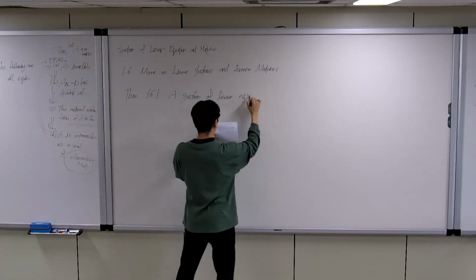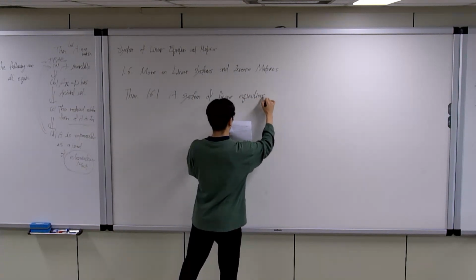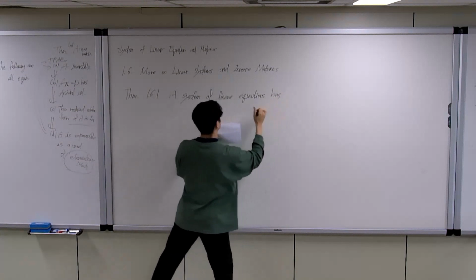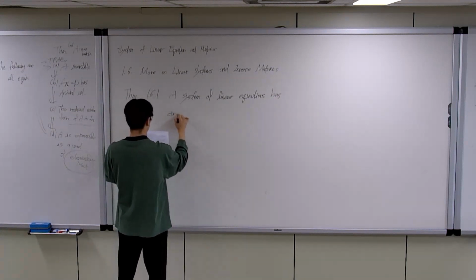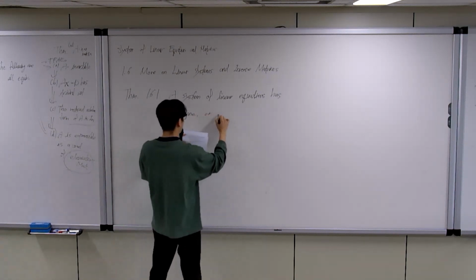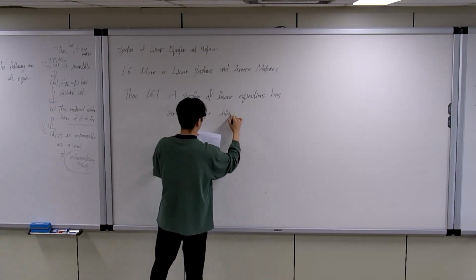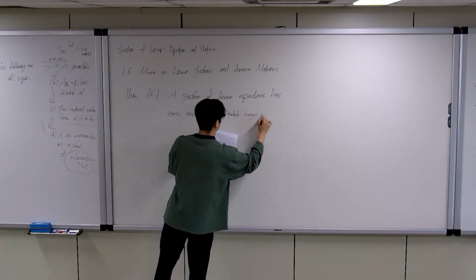A system of linear equations has 0, 1, or infinitely many solutions.